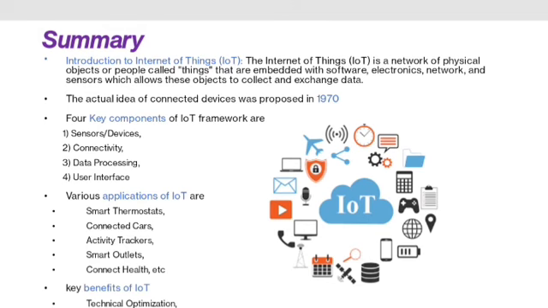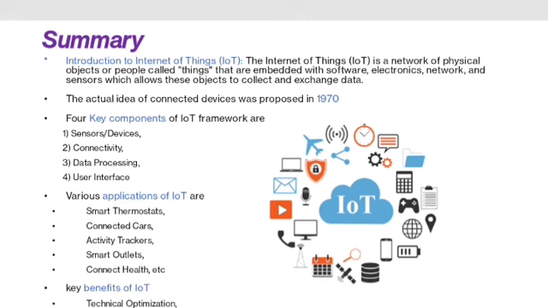This is called the Internet of Things. The actual idea of the Internet of Things emerged in 1970, and we face challenges, mainly data collection, security, privacy, and so on.